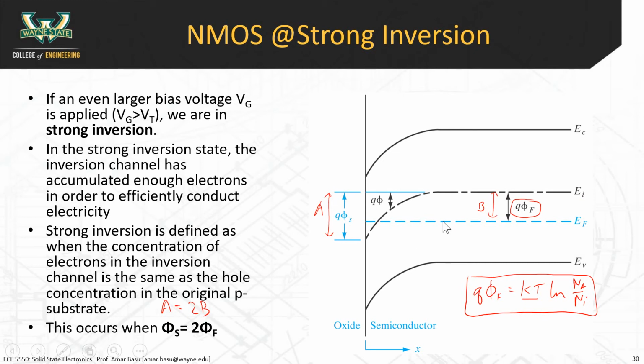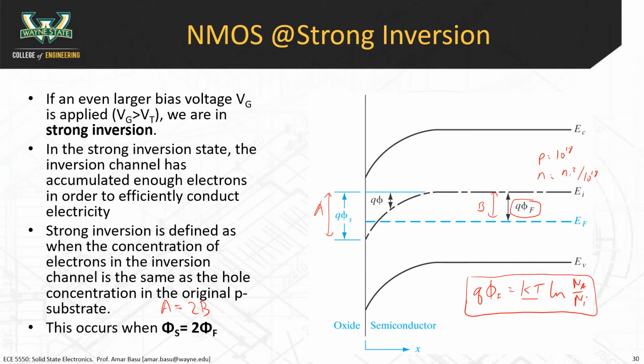Well, we're trying to create the mirror image of the p-type material. Let's say the p-type material has a hole concentration of 10 to the 18th. Let's just make up a number. Of course, the electron concentration is equal to Ni squared divided by 10 to the 18th.